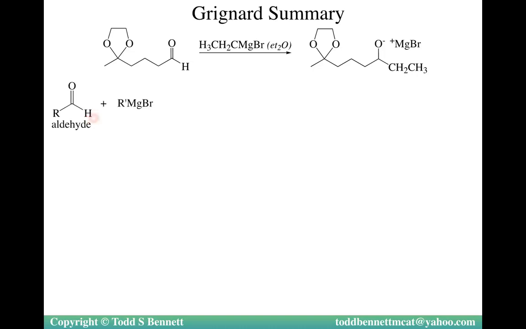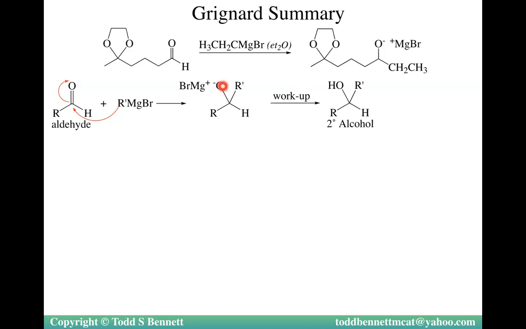So when I have an aldehyde, the R prime Mg is going to come in, kick that up, so undergo an addition reaction, gets protonated, you need to work it up. Work up represents whatever you need to do to make it a neutral molecule. So if this is an O minus, then the workup would be mild acid.